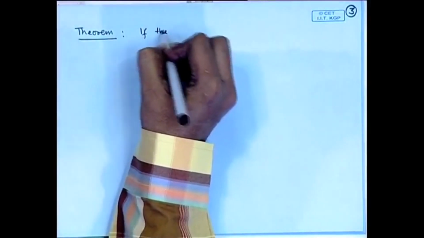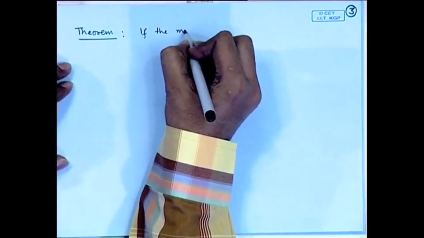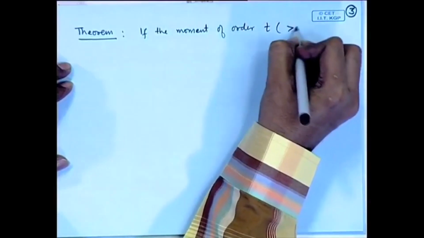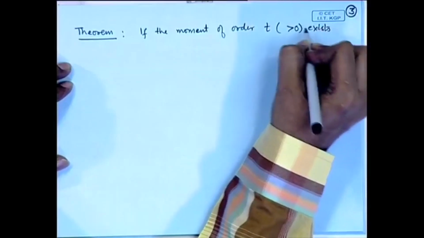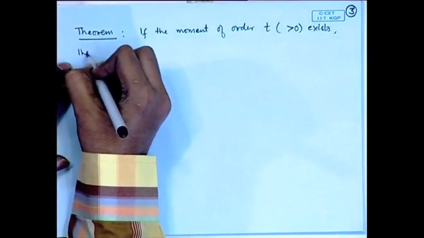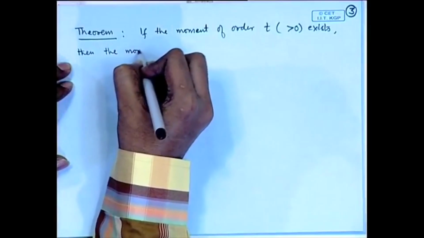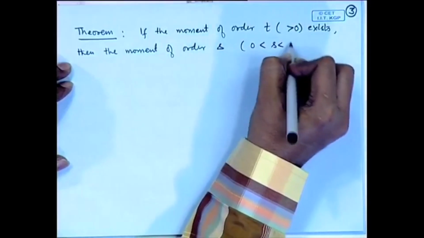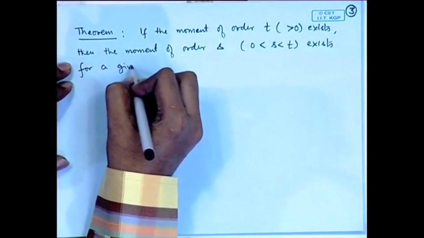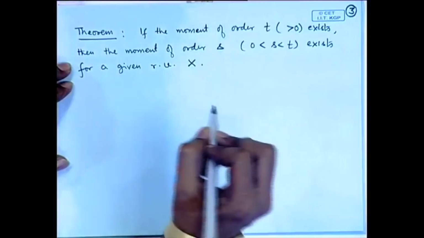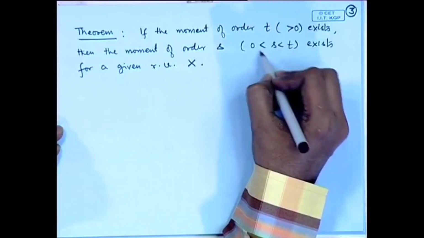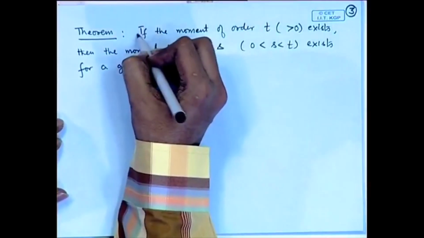If the moment of order t, where t is greater than 0, exists, then the moment of order s, where 0 is less than s is less than t, exists for a given random variable X. So, if a positive ordered moment exists, then all lower ordered positive moments will exist for the given random variable.